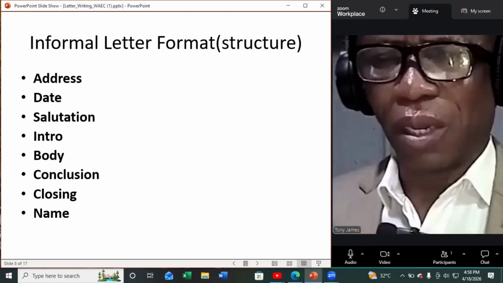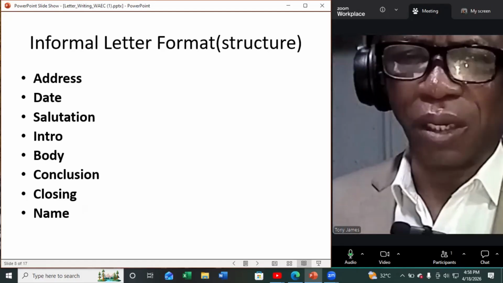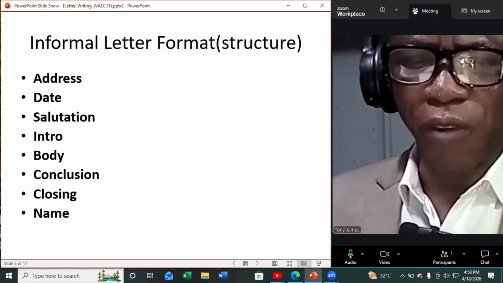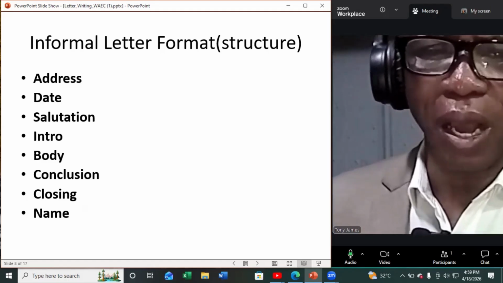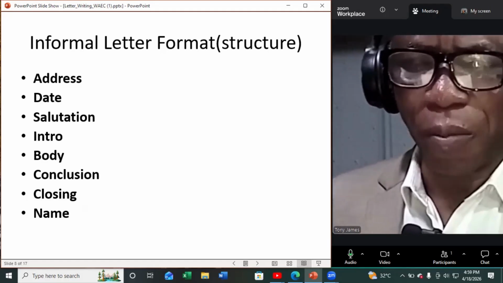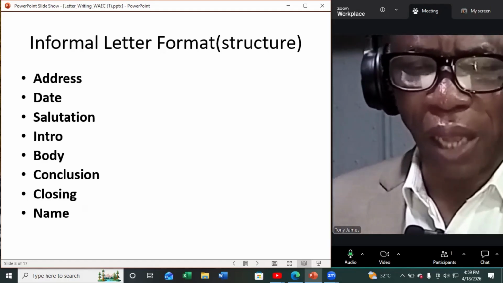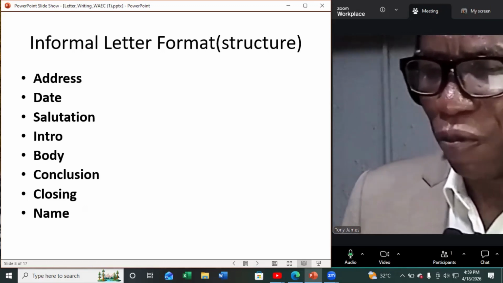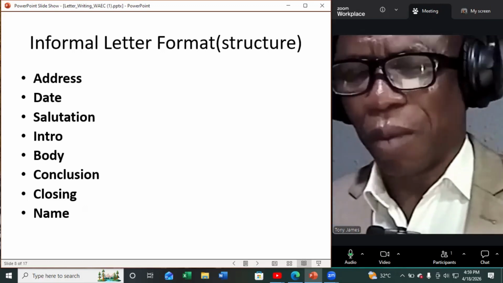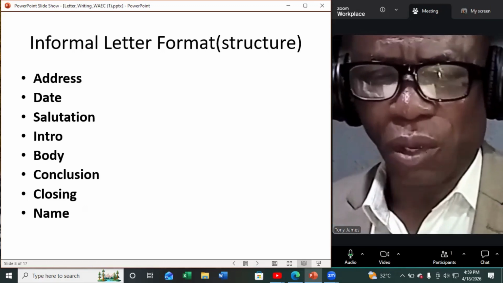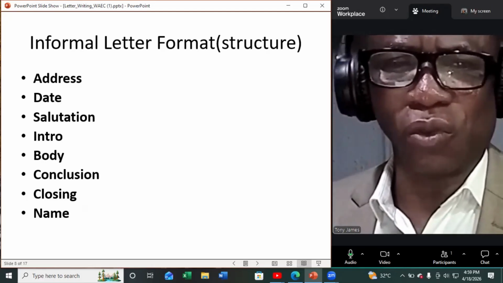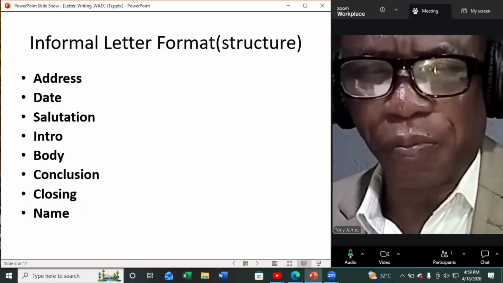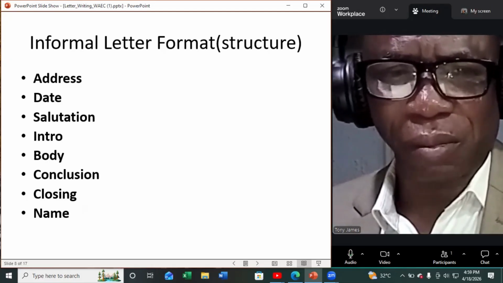These are salutations of the informal letter. The informal letter, let me mention here, has no title. The informal letter does not require a title. It's one of the differences between the formal letter and the informal letter. So no title. After the date, you go to the left side of the paper by the margin.